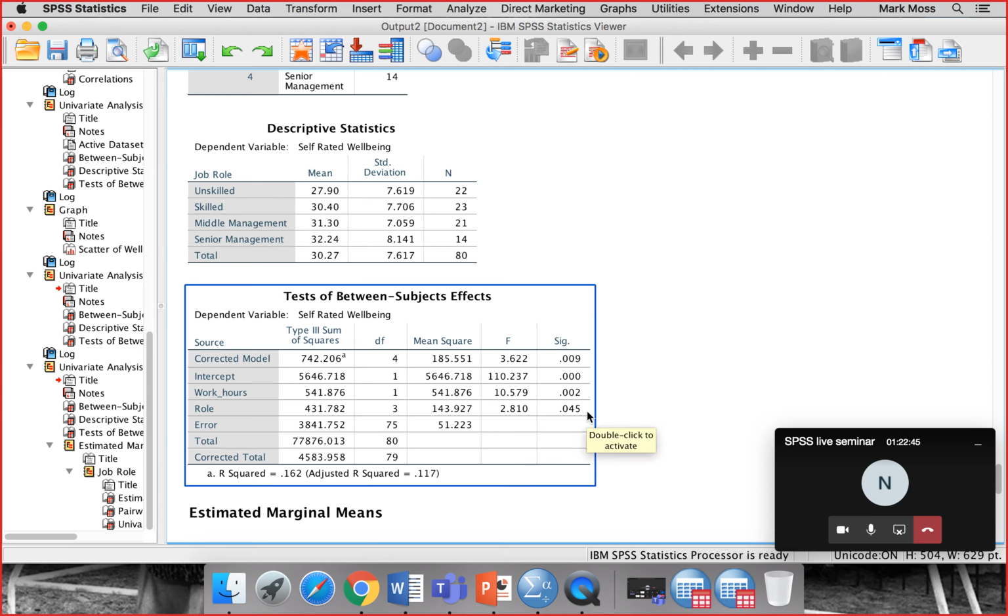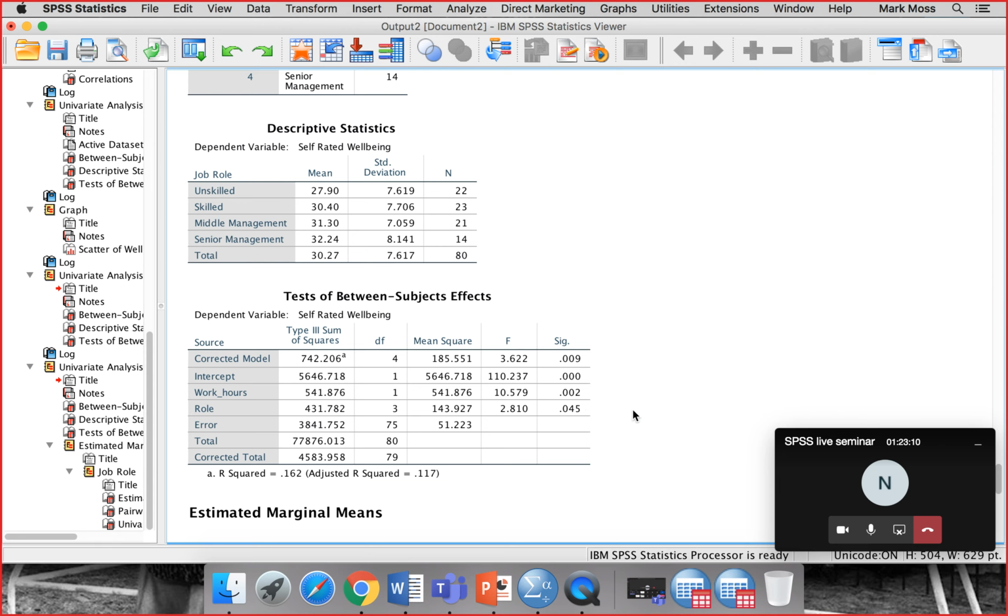It is now significant. And why is it significant? It's because we've added in work hours, our covariate. And if you look, the amount of variance explained by the covariate is huge, 541.876. It's explaining lots of variance, highly significant, and because it's done that, it's improved the significance of role.